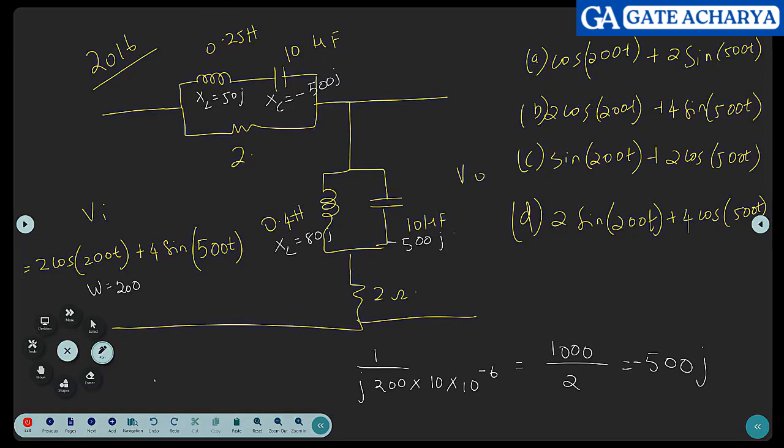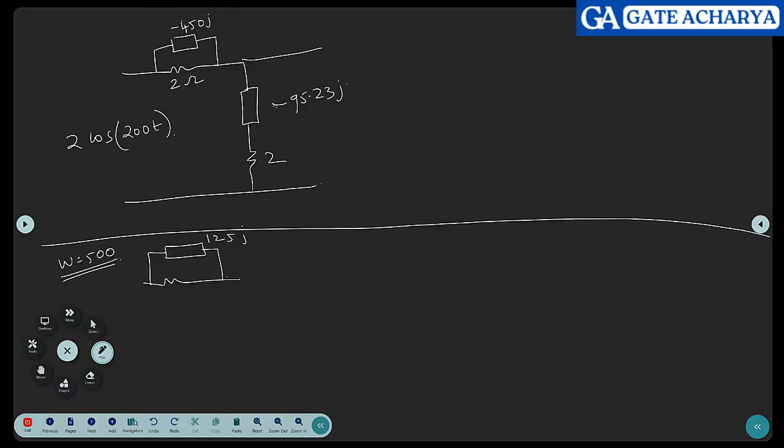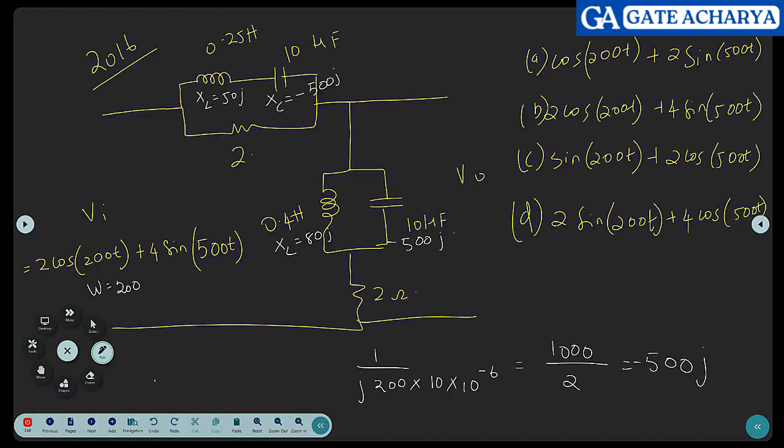Capacitor will be minus 200J. Did I give the question correctly? Sir, this is 100, sir. I'm sorry for the mistake. This is 100 microfarad. If it is 100 microfarad, this will be 50J.